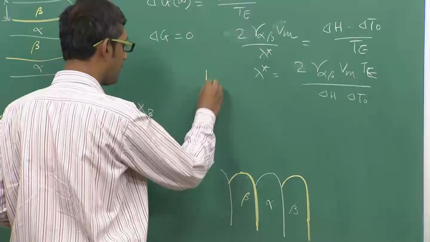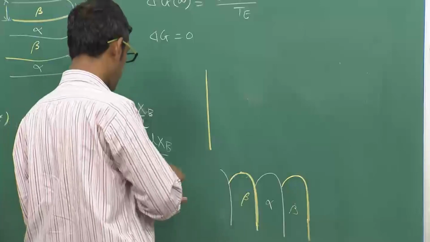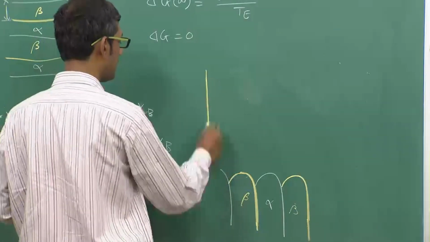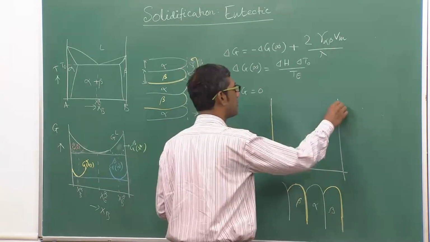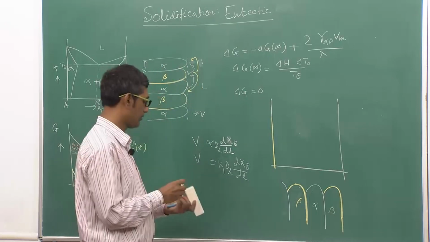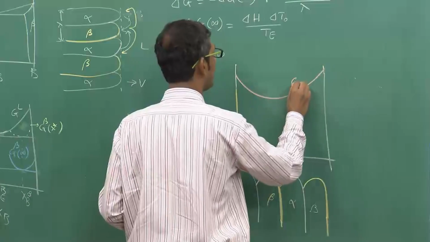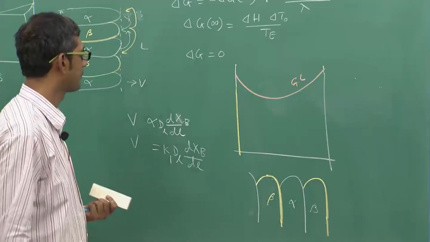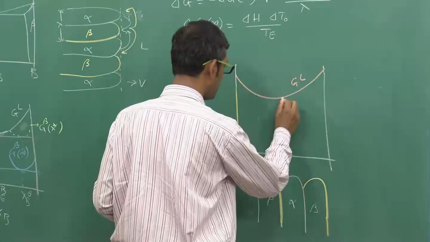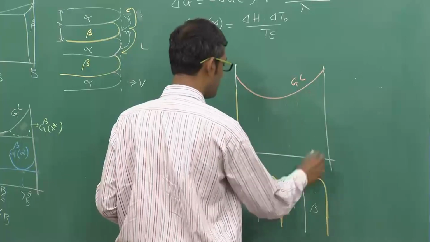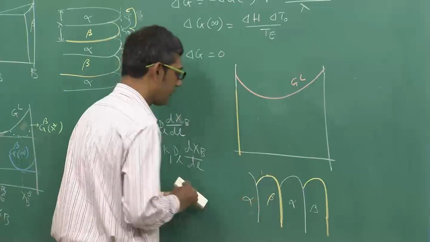Now, if I plot these things properly, let us suppose this is my G of liquid. As you clearly see, these are the different lamellae: alpha, beta, alpha.